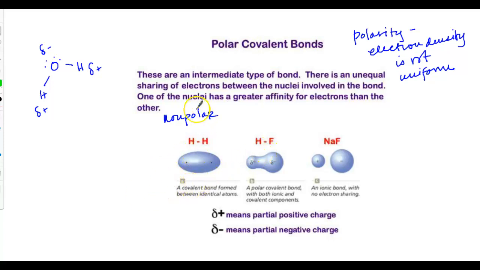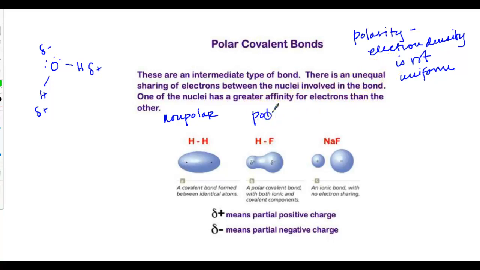If we have a nonpolar covalent bond, that means that generally speaking, the electron density around that bond is the same, as in a hydrogen-hydrogen bond, right? The tug of war between the hydrogens is the same. They both have the same electronegativity, so you would expect the electron density to be uniform between the two hydrogens in that bond.